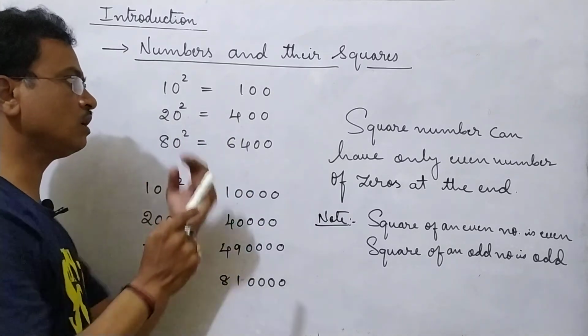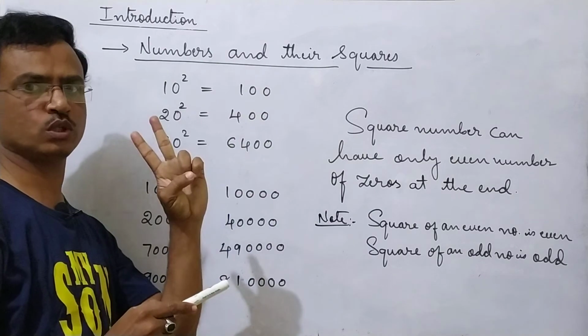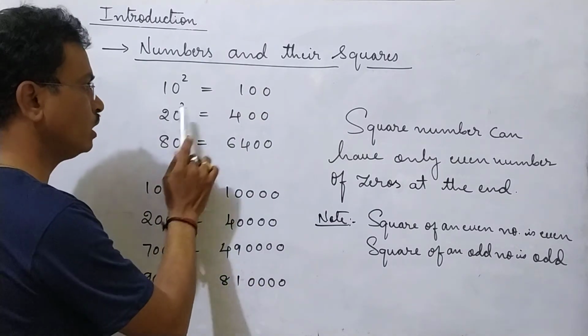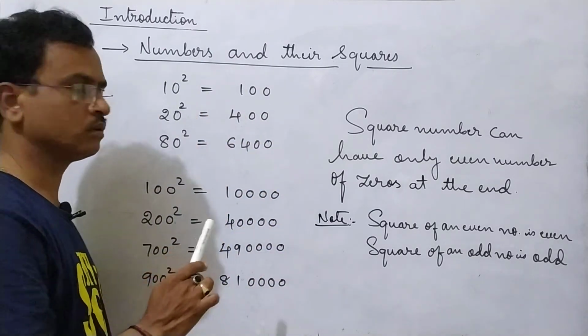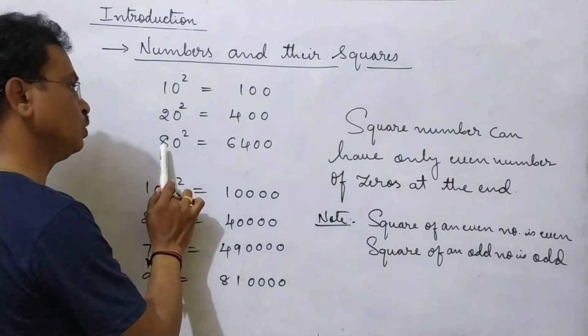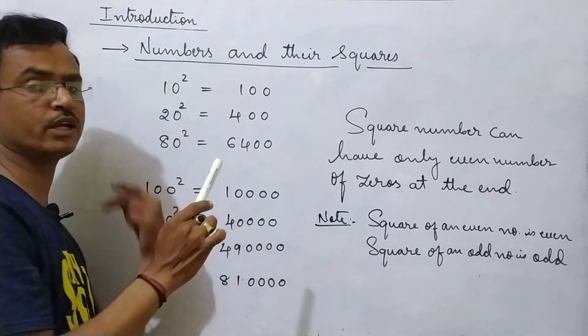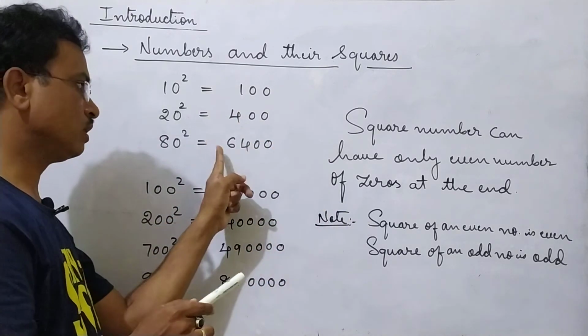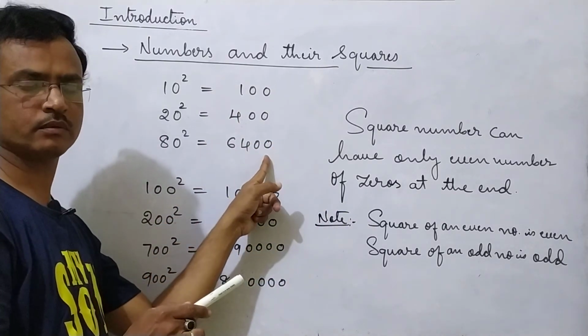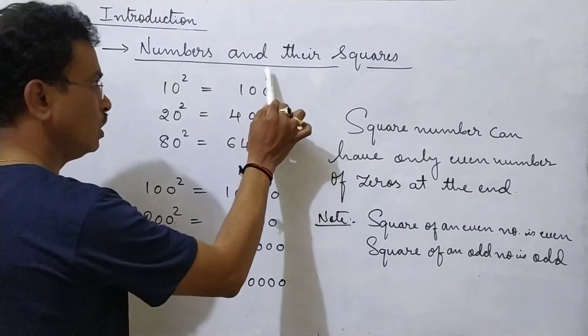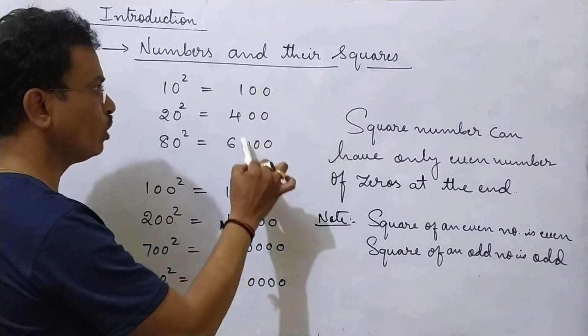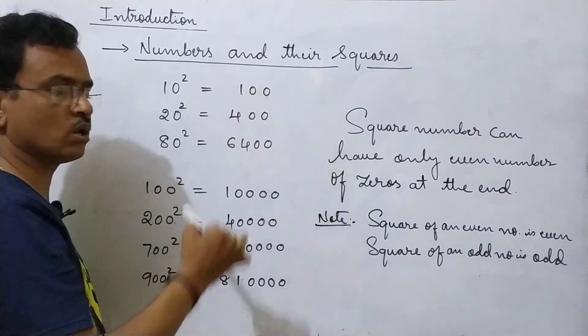Here 1 zero is there, on the RHS side you should write 2 zeros. 20 square becomes 400. 80 square: first you should take 8 eights are 64, then here 1 zero, make it 2 zeros there. That means 6400. Now in all these you see an even number of zeros.